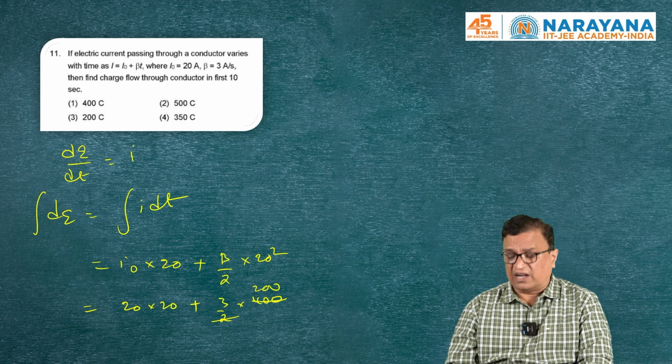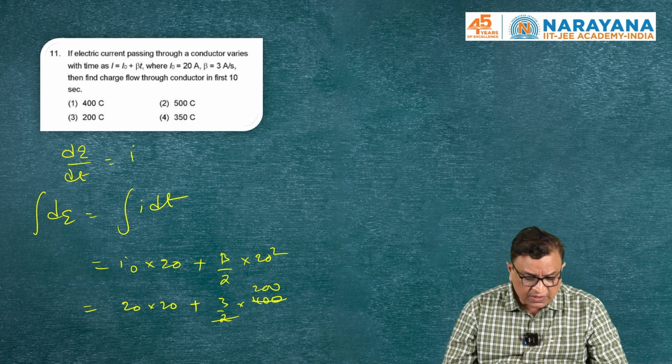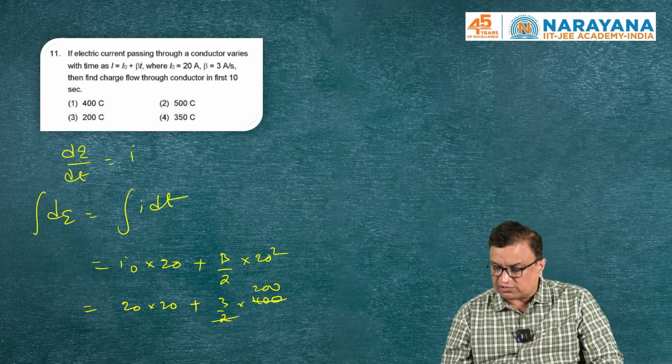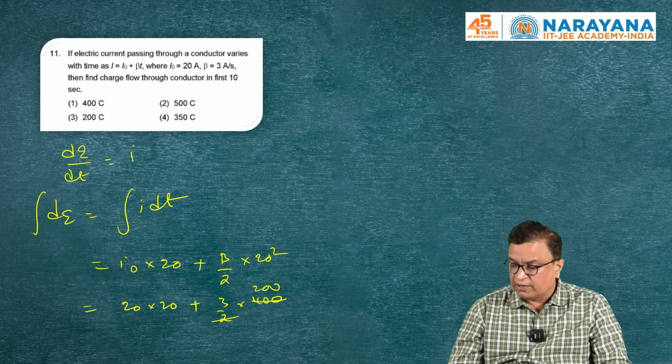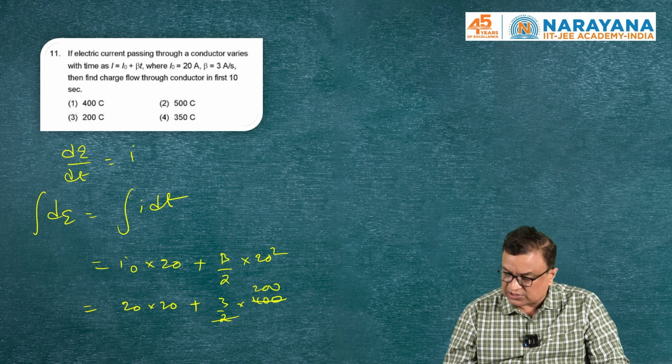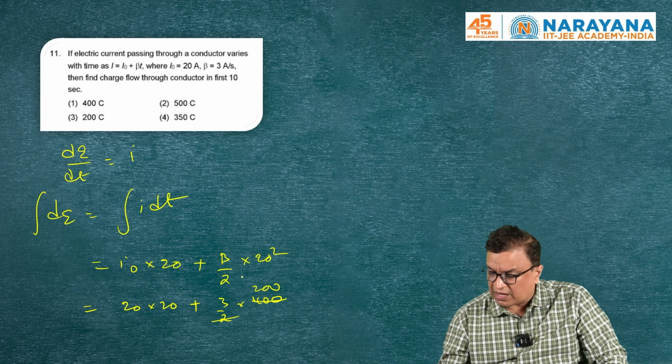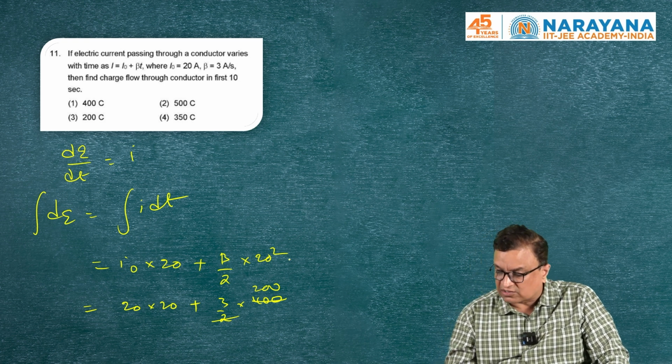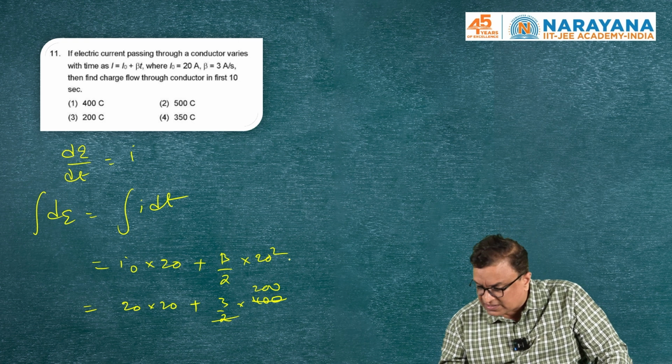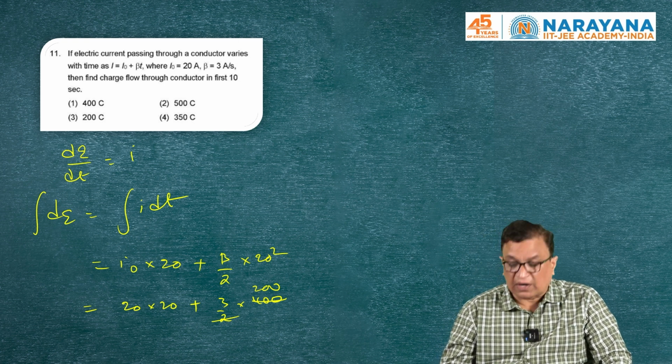Numbers were also different according to me. So trust me, any student whoever does this question will do it in this way only. So therefore I naught times 20 and beta by 2 times 20 square. So just simply solve this, you will get the proper answer for this.